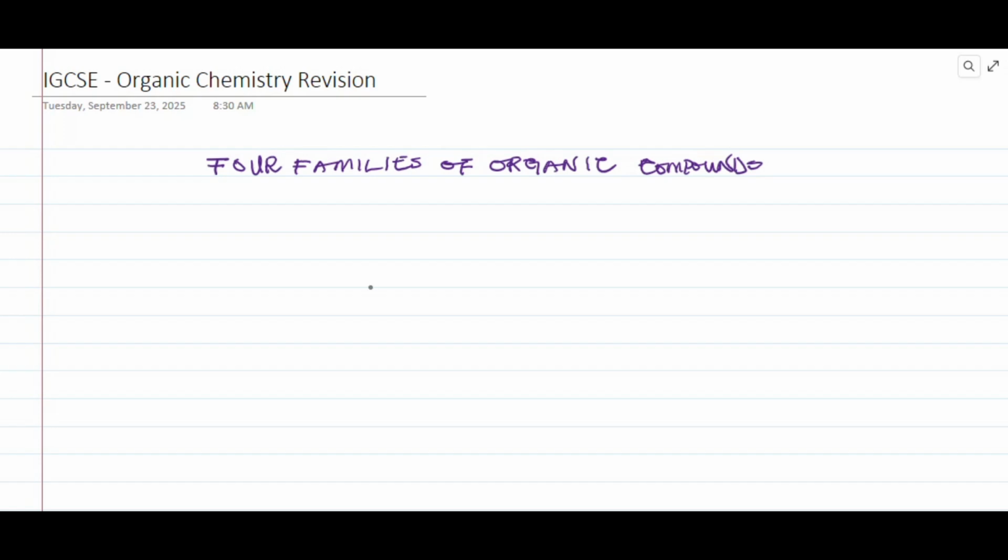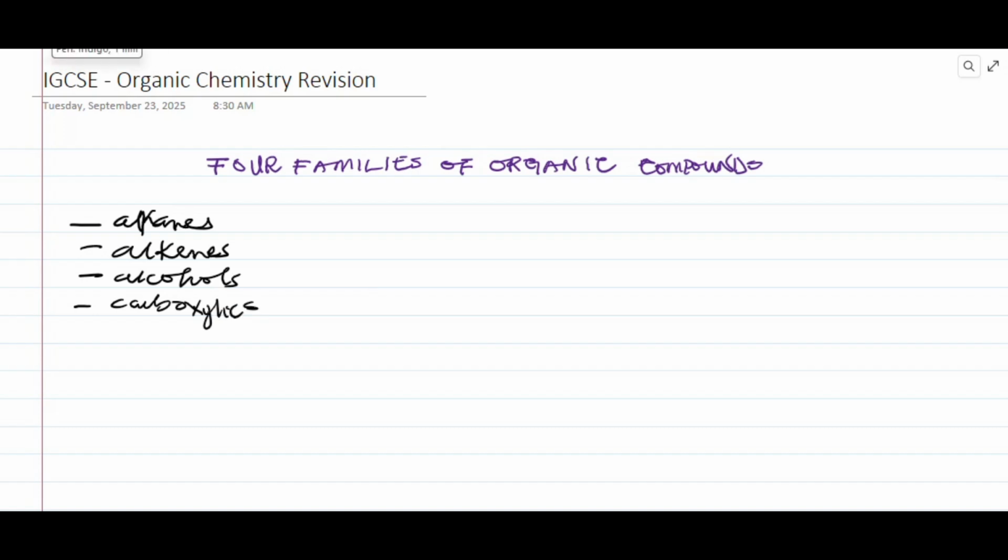Those four families are the alkanes, the alkenes, the alcohols, and the carboxylic acids. These are the four main families that we are going to look at.